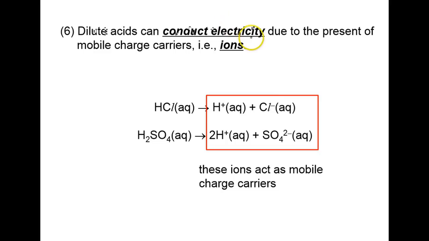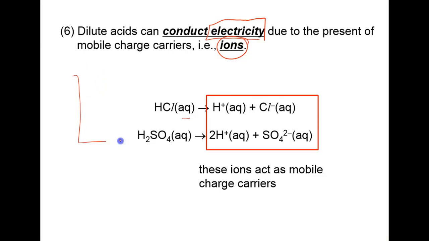Acids can also conduct electricity due to the presence of mobile charge carriers, which are ions. From the first definition, an acid is a substance which dissociates in water to give you H plus ions. So notice that when HCl dissociates, you have H plus and Cl minus.